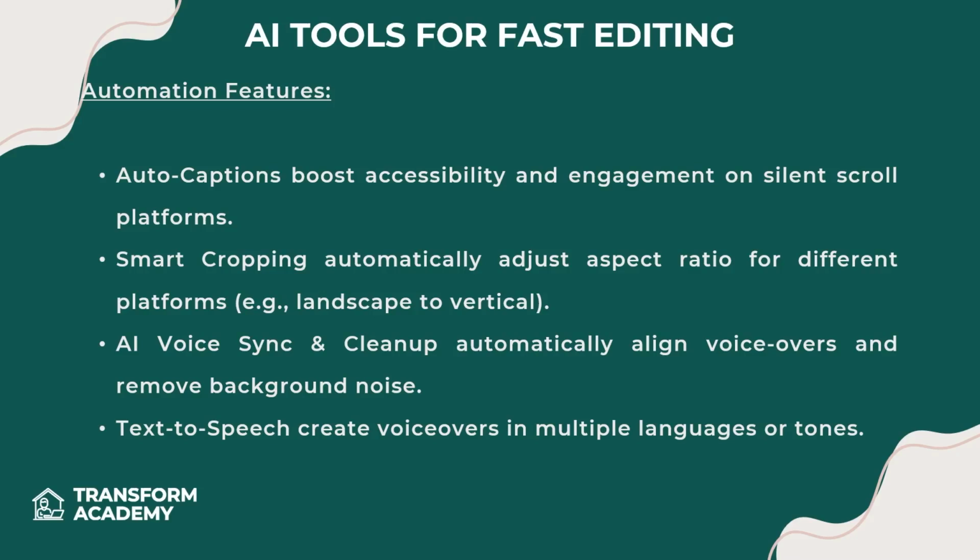And now we will see the automation features that we can use in order to speed up our video editing workflow. We can use auto captions, which will boost accessibility and engagement on silent scroll platforms, because on some platforms people might tend to watch videos with the sound off.